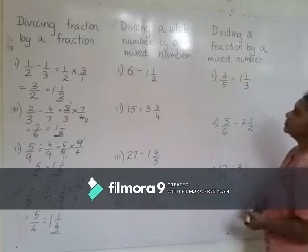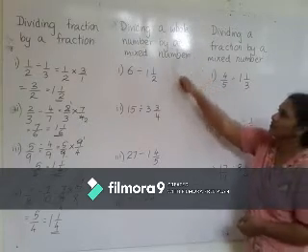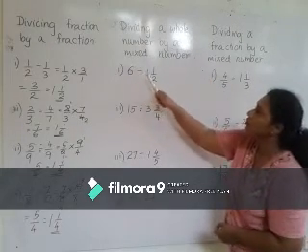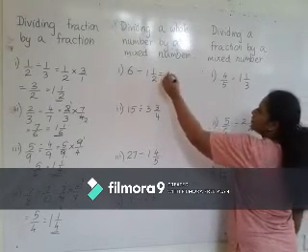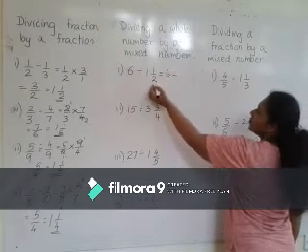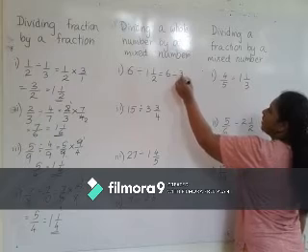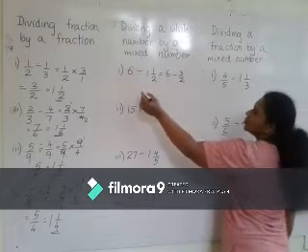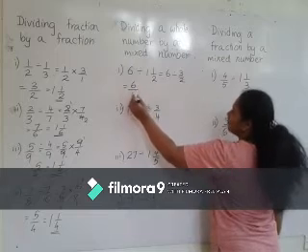Next, divide a whole number by a mixed number. Now, the whole number is 6. Divide by, we have to make it into improper, then it is 3/2. So we can write it again, 6 over 1 actually.